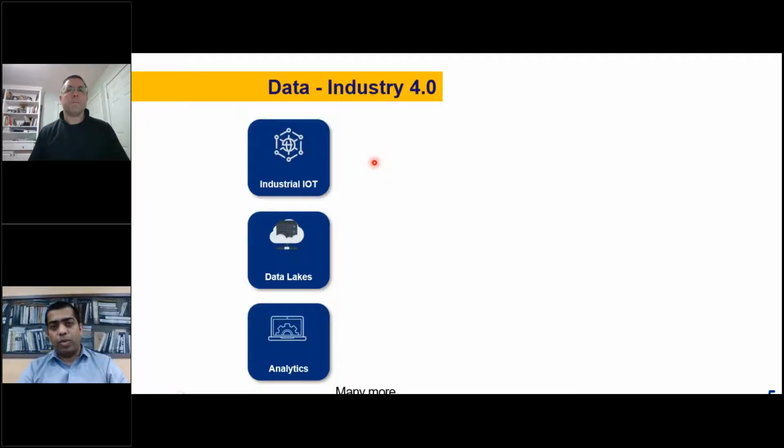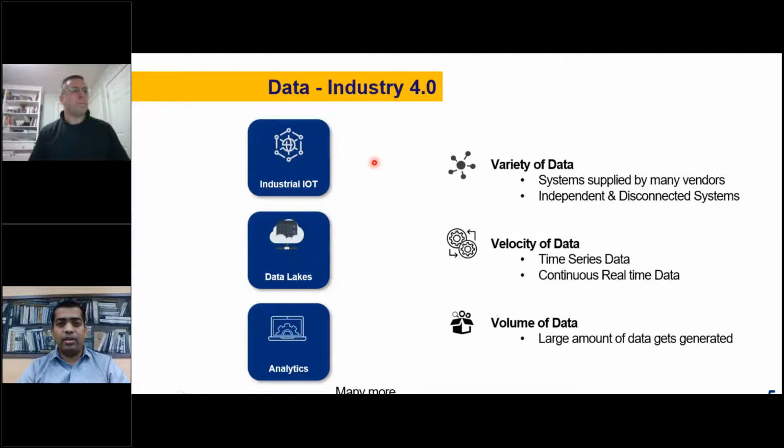For all these applications, the first question that comes in is, where is my data and how can I utilize the data properly? If we segregate this data, there is a variety of data, a velocity to this data, and a volume of data. The data generated on manufacturing shop floors is surely much different than in any other industries.